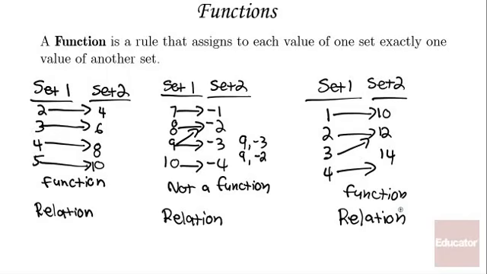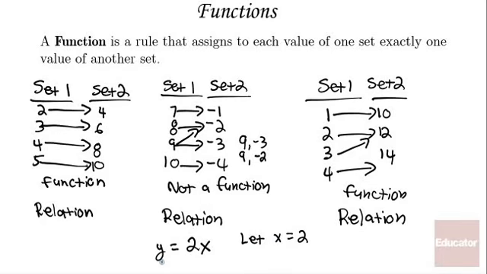Sometimes we describe functions as equations, such as y equals 2x. And what I'm going to do to generate my set of values is I would have a set of values for x that I will plug in, and let's say I let x equal 2.